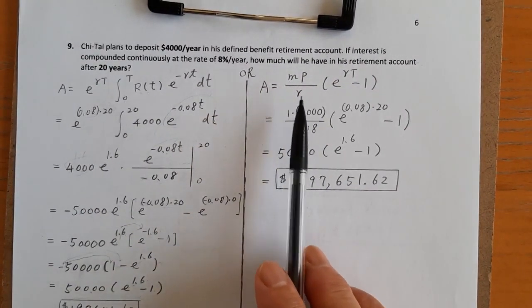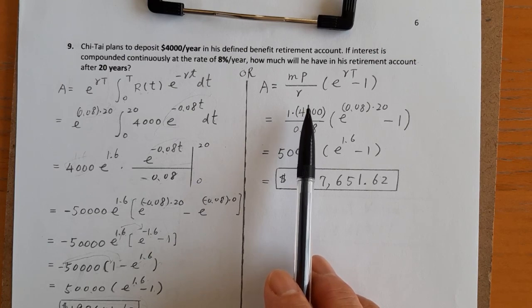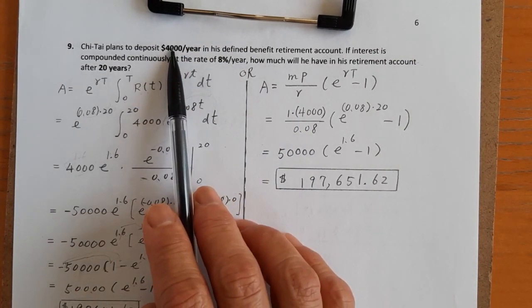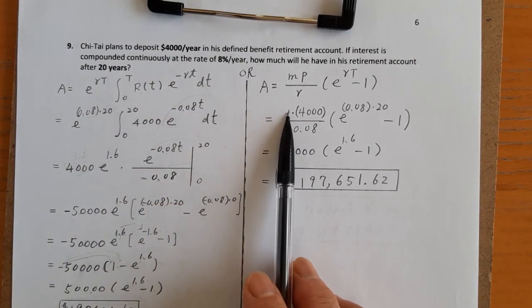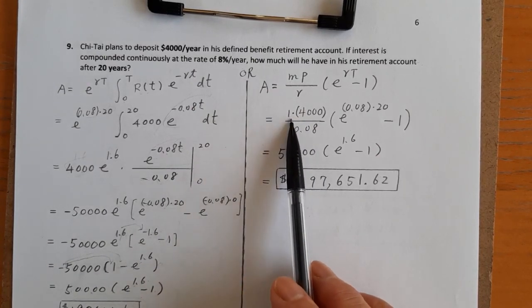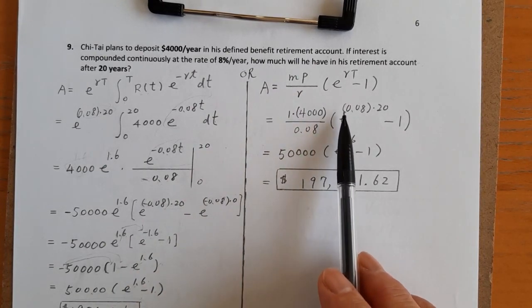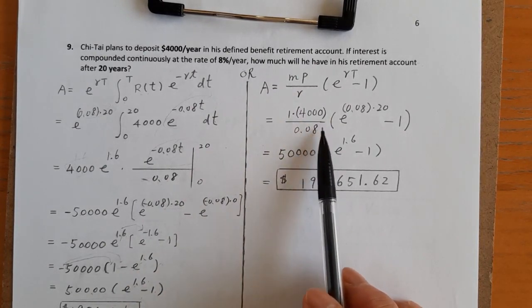M means how many times each year you deposit. Since here you deposit $4,000 per year, only one time per year, so M equals 1. P is 4,000. R is 0.08.